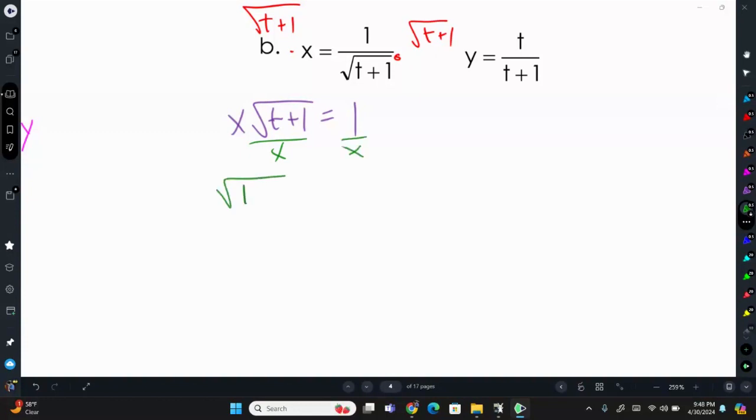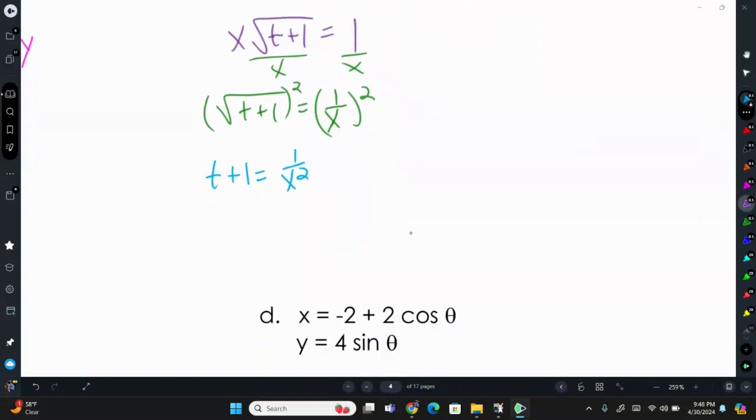So the square root of t plus 1 equals 1 over x. Square both sides. And when we square both sides, we get t plus 1 equals 1 over x squared. Well, now our last step will be to subtract 1 from both sides, so t is equal to 1 over x squared minus 1.